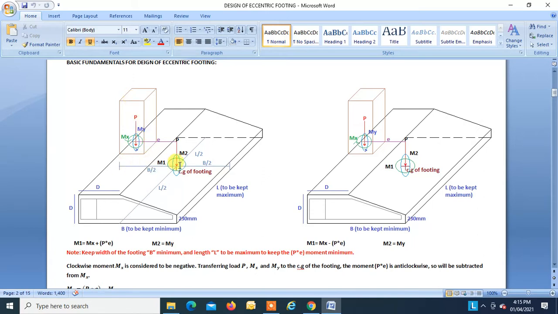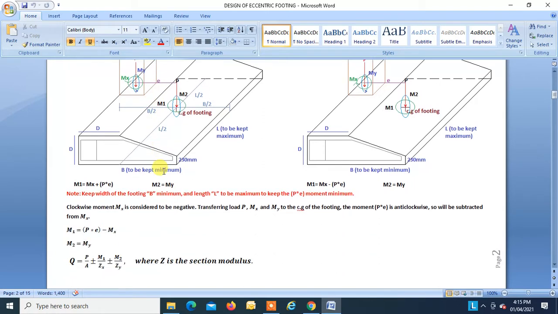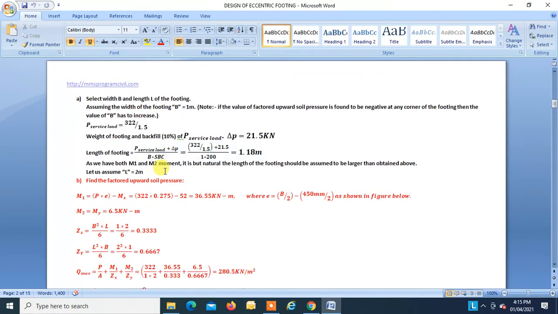B is 1 meter, so 1 divided by 2 is 0.5, 0.5 minus 0.225, that is e equal to 0.275 meters. So this is how we get P into e minus 52, Mx is our 52, and this is equal to 36.55 kilonewton meter.